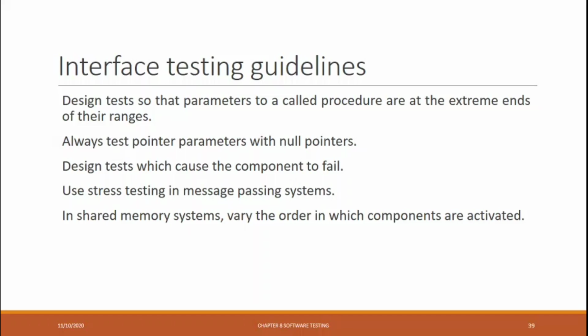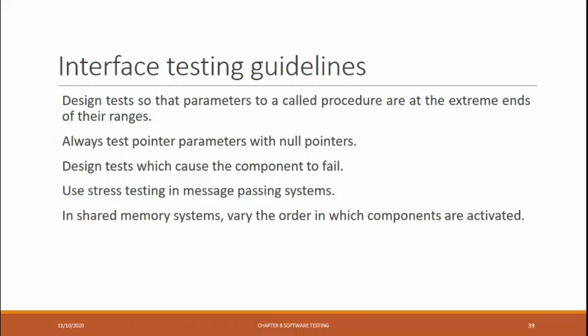Always test the pointer parameters with null pointers. Design a test which causes the component to fail. Use stress testing in message passing systems. In shared memory systems, vary the order in which components are activated.